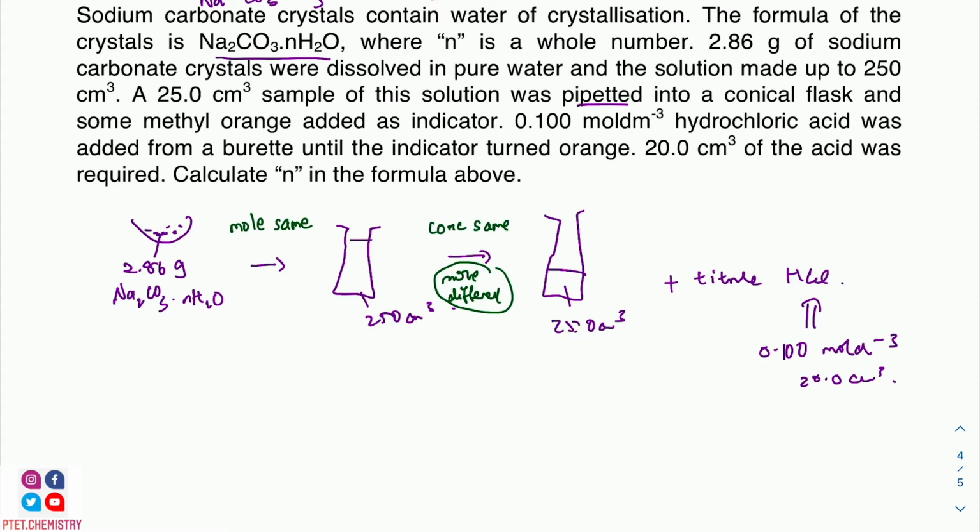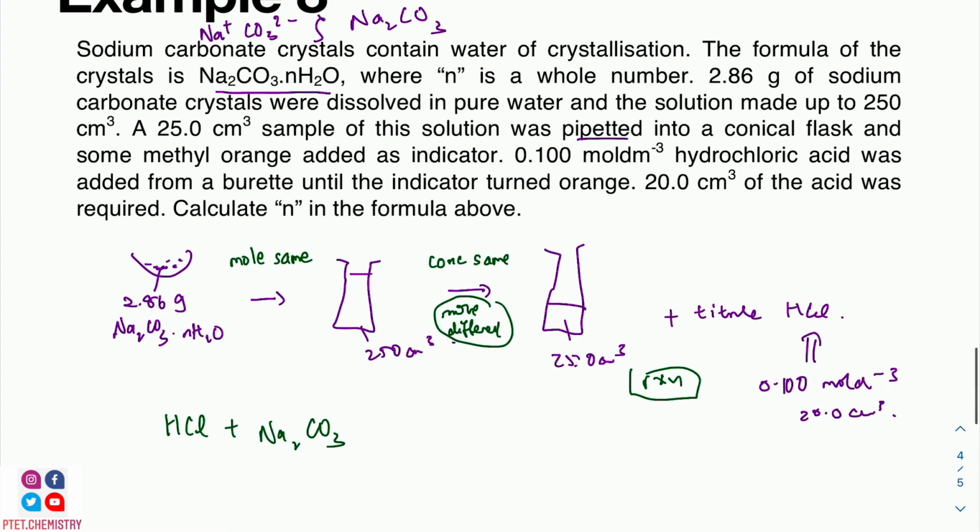Okay, so I have a reaction here. This is your first reaction and your only reaction here, really. So HCl plus Na2CO3, because we are no longer dealing with hydrogen carbonate. When you dissolve this in water, the water just dissociates into water. That's why in this reaction, it is not the .nH2O, it's just Na2CO3.